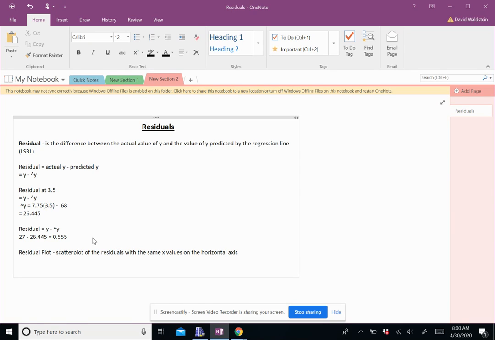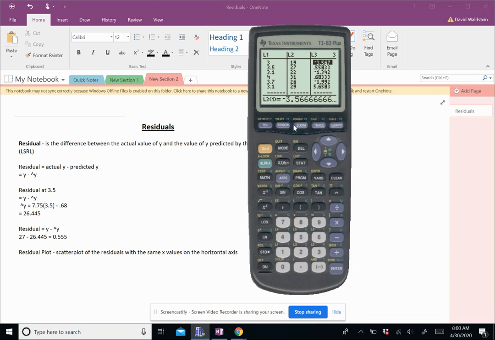So it's basically going to use the same scale as we had before. I can make a residual plot again on the calculator. Instead of y list here, I'm going to change this, again second stat, and put my y value as a residual.